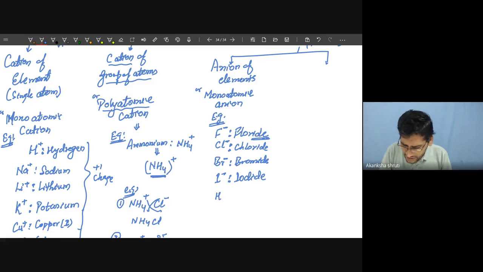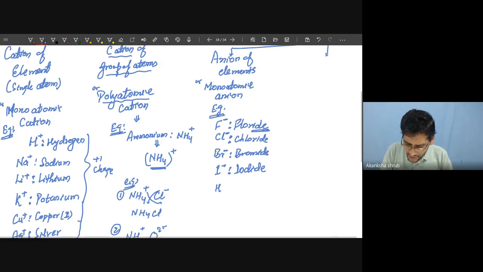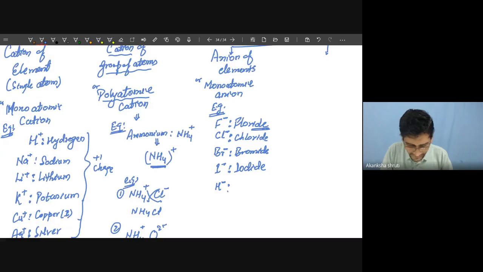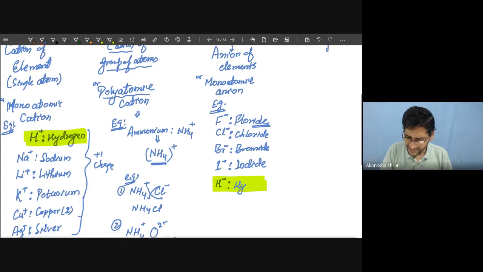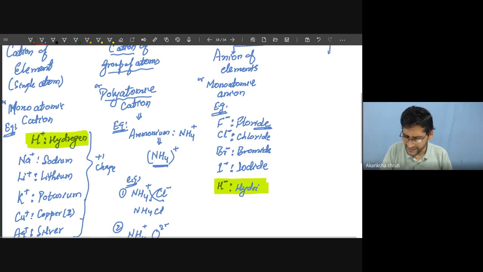Another, we have also learned hydrogen can also show negative, though earlier we had marked hydrogen as positive. So hydrogen can show both positive as well as negative. So this hydrogen is now written as hydride, IDE.